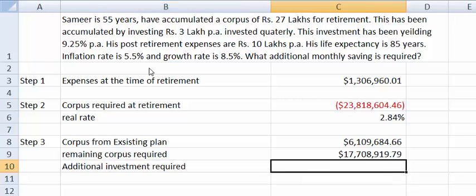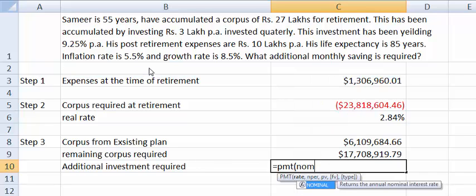Additional investment required. This is our PMT, where the rate of interest is, again, we are going to calculate what additional monthly savings are required, and hence we will find this for a monthly investment. So once again we'll need the nominal rate, where the effective rate is 8.5%, and this time compounding is on a monthly basis, and hence we'll divide it by 12, and when it comes to NPER, we'll have 5 into 12.